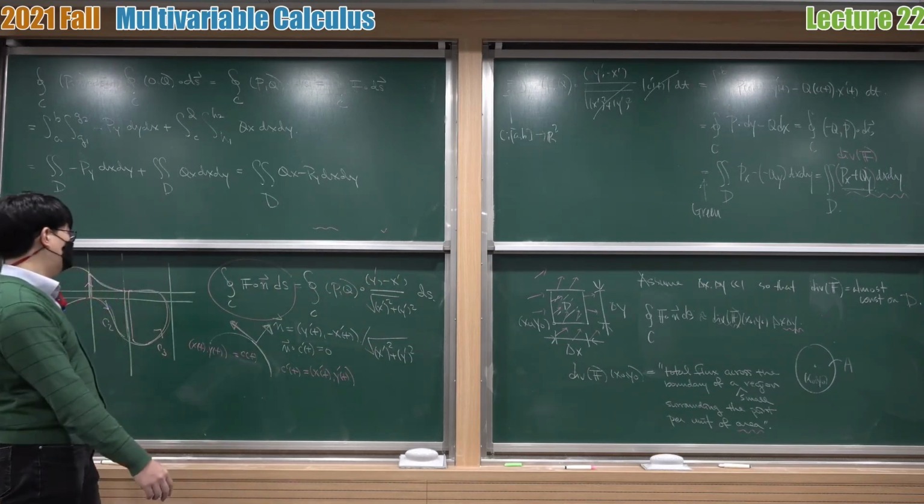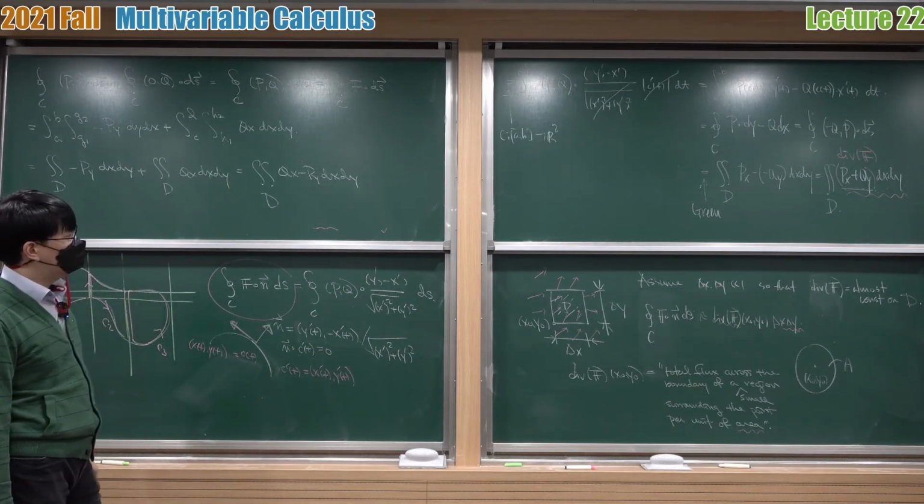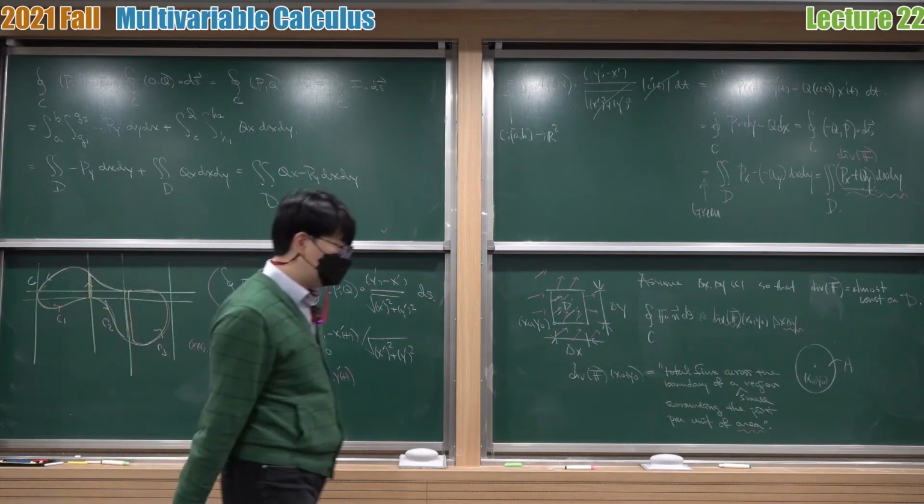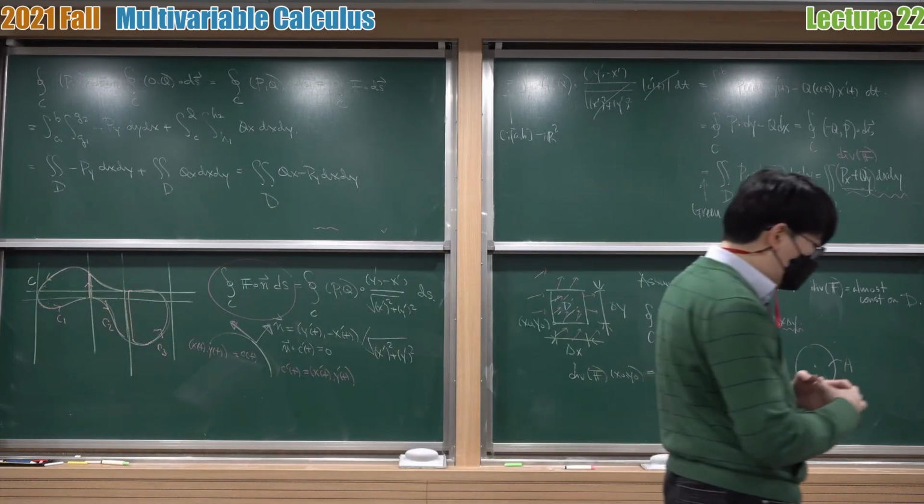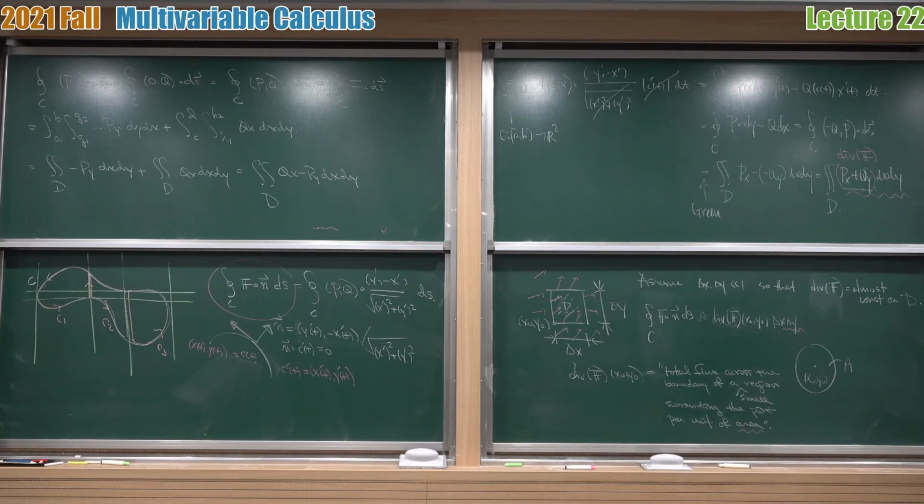We didn't talk about the meaning of rotation, but we're going to talk about how we generalize this situation to a three-dimensional vector field. Think about the situation first. In a two-dimensional vector field, we had a closed curve. In a three-dimensional vector field, we're going to have a closed surface, which encloses a three-dimensional volume.